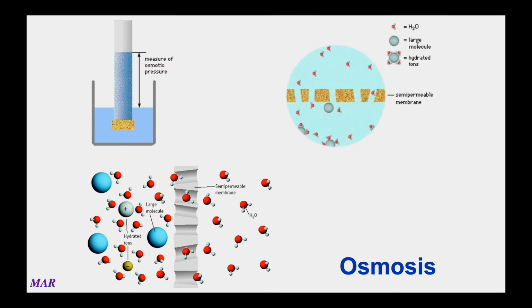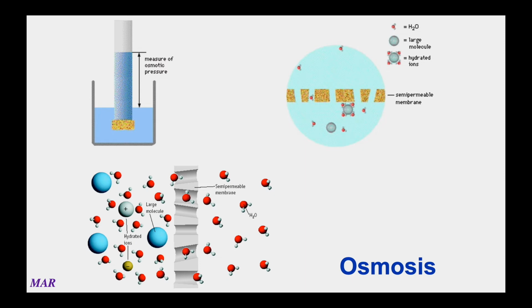A semi-permeable membrane blocks solute molecules, but allows solvent molecules to pass in both directions. The number of solvent molecules moving from the solution side to the pure solvent side is less than the number moving into the solution side, resulting in a net flow into the solution.